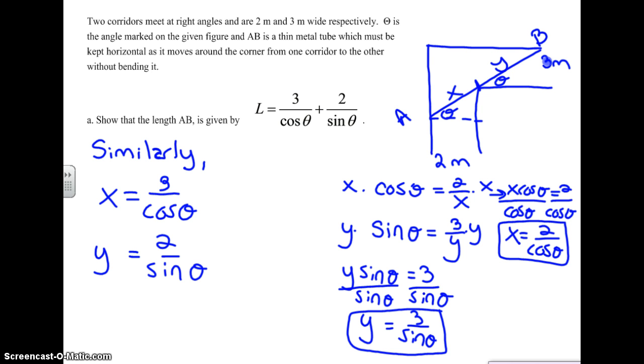So depending on how you set up your picture, you're going to have 3 over sine or 3 over cosine, and then 2 over cosine or 2 over sine. And I'm going to go ahead and add them together to make the length of my long tube.